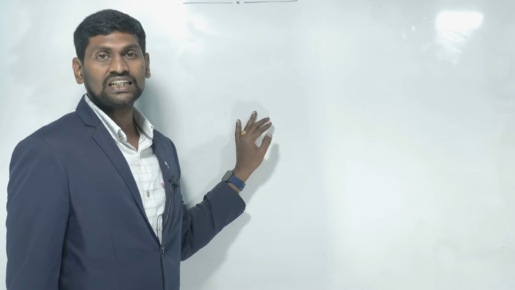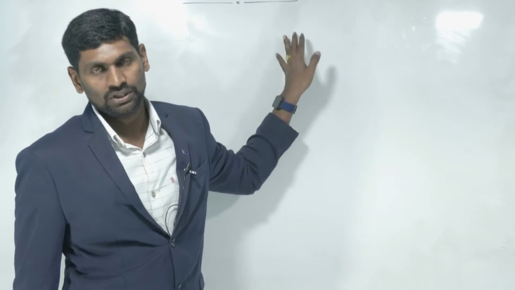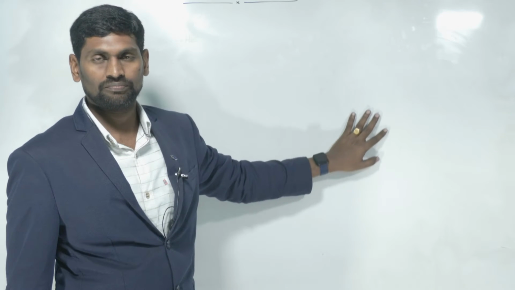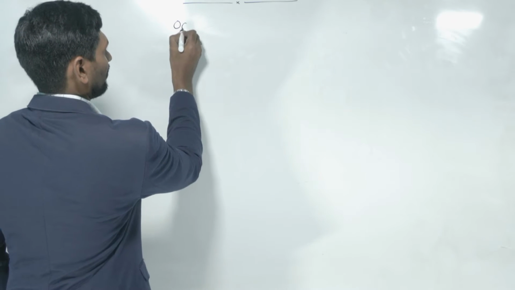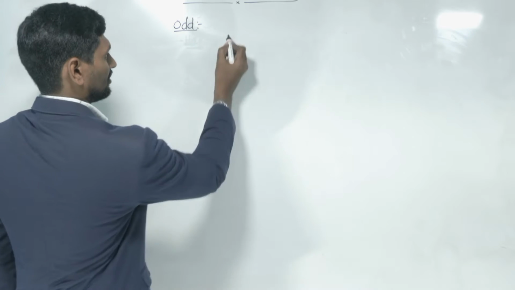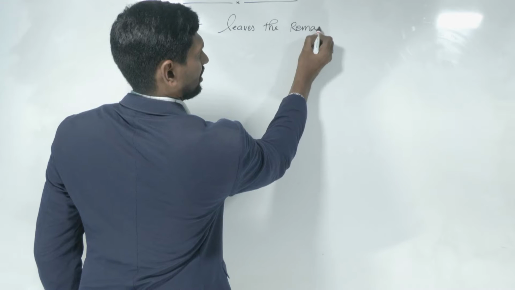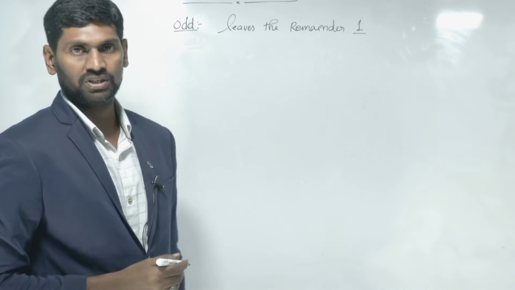The number which is exactly divisible by 2. Exactly divisible means without leaving any remainder. Odd number means a number which, when divided by 2, leaves the remainder 1, are called odd numbers.